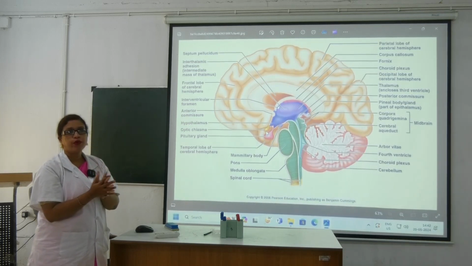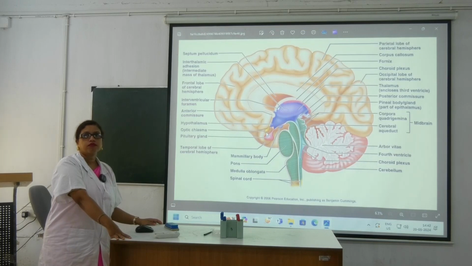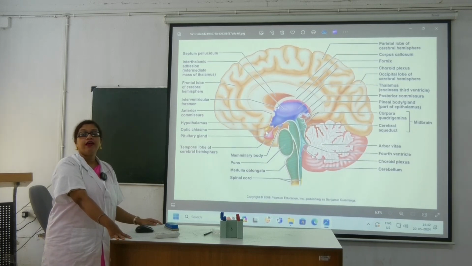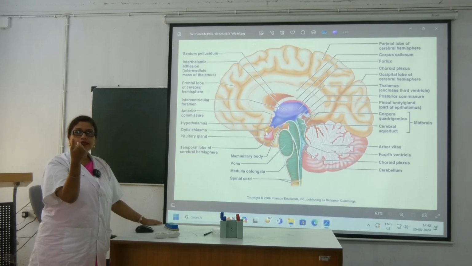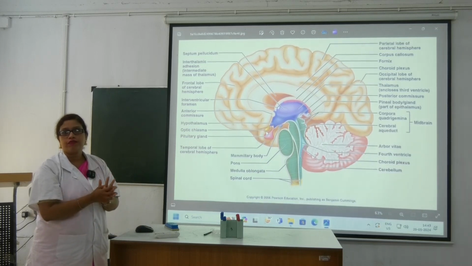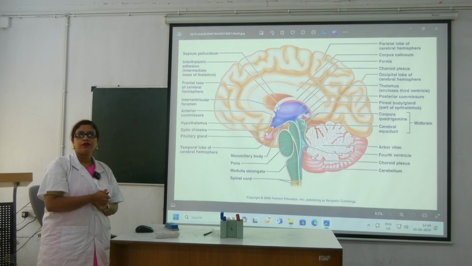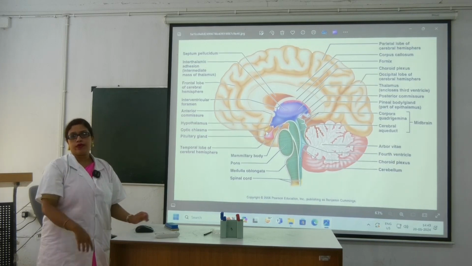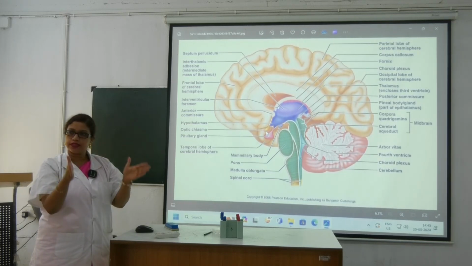Binocular vision means, if you are dividing a sphere, how many divisions will it have? One is nasal and one is temporal. So the right side has right nasal and right temporal, the left side has left nasal and left temporal. But what is happening in the optic chiasma? Which one decussates and which one does not? The nasal will decussate. We see with this eye, this field is always the same, right?